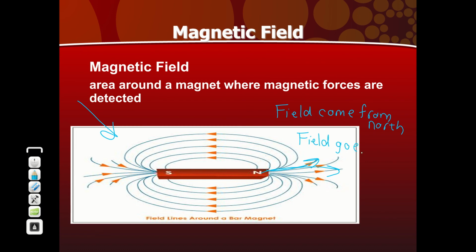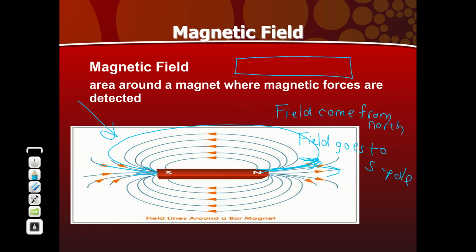Field goes to South Pole. So you can see how this is drawn. The field lines are always pointing out from the north. Technically, this one would go around and then come back in at the South Pole. So field lines always point away from the north, always point towards the south. As how it's always drawn.